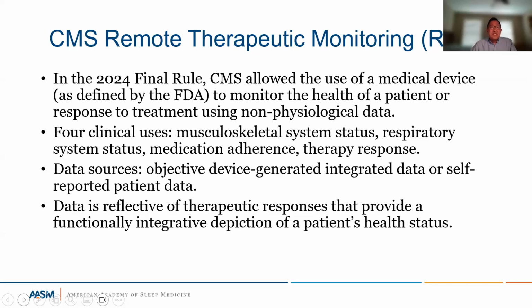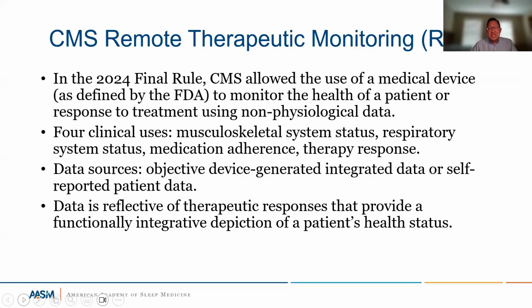And so they highlight four clinical uses for RTM codes. So things that you would use to monitor the musculoskeletal system, respiratory system, medication adherence, and therapy response. So in terms of the types of data that can be used for RTM monitoring, it includes objective, either device-generated integrated data or self-reported patient data.